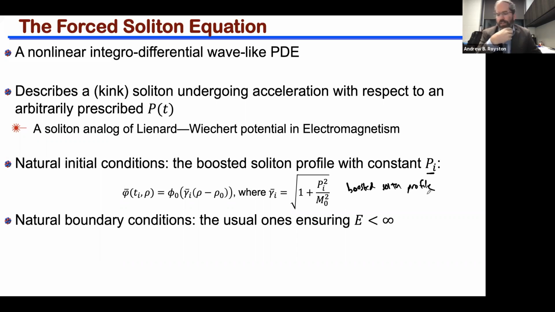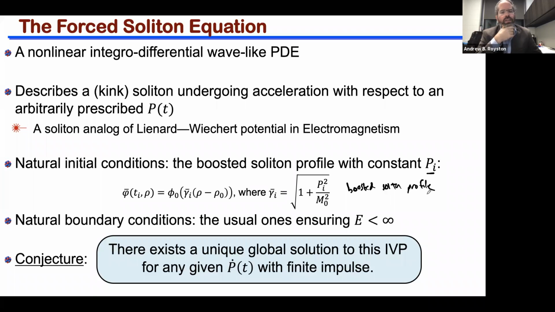So from a physics perspective, at least, it's natural to conjecture that there should exist a unique global solution to this IVP for any given P dot, at least with a finite impulse, so that P_f minus P_i makes sense. Now, mathematically, the thing that comes closest to this is that it looks like a second order quasi-linear hyperbolic PDE.